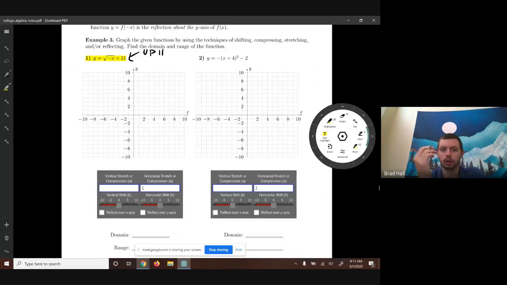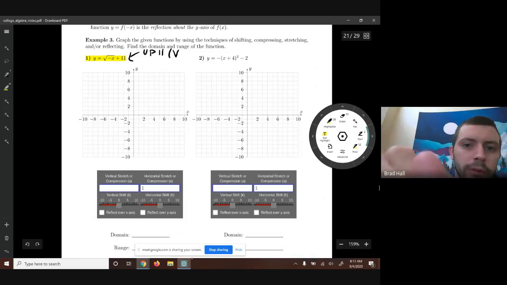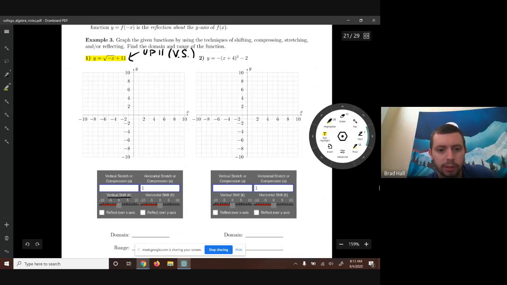And so the way that would translate, this is the vertical shift, which would translate down here. There's no horizontal shift because there's no number being added to the x directly. So we don't have a horizontal shift. We can leave that one alone. There's no vertical stretch or compression. So really the vertical stretch or compression, it's just 1, which should be in there by default.